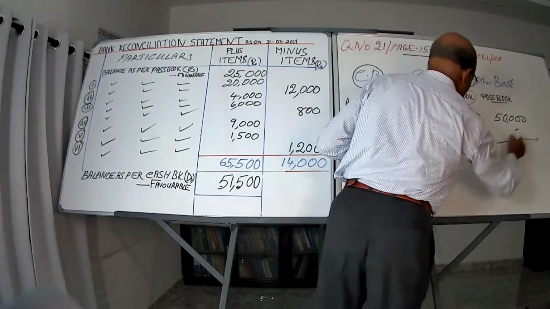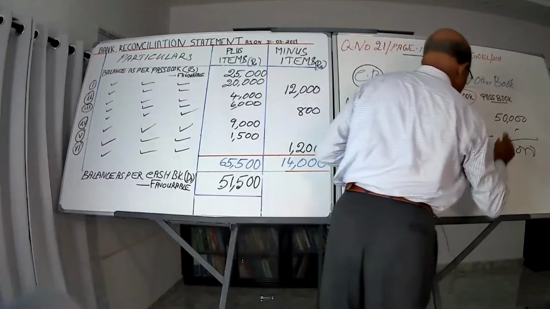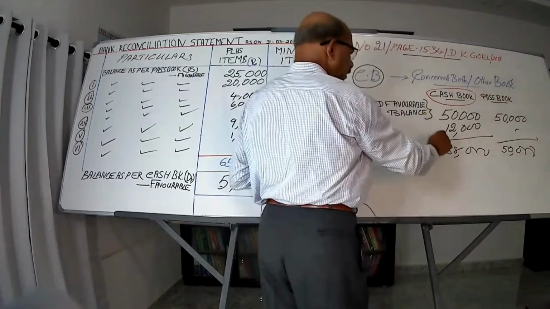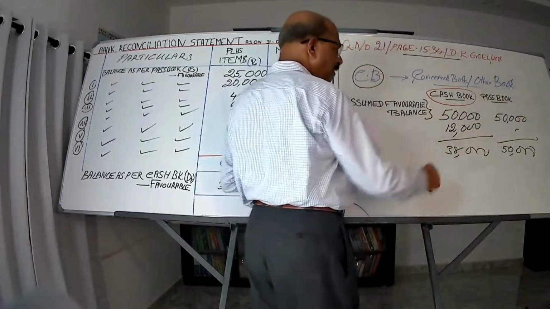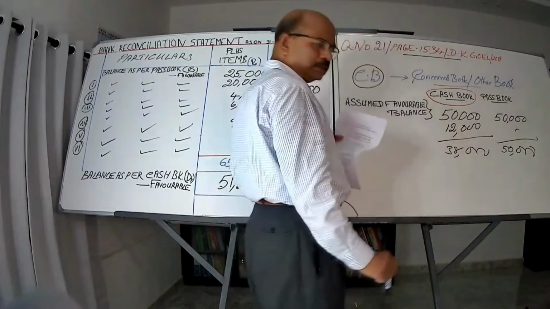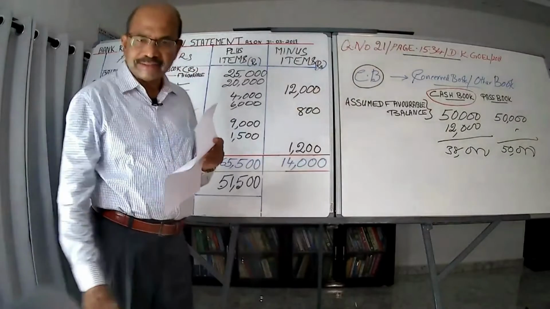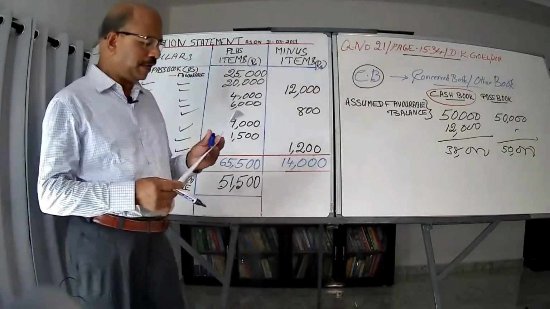Whereas bank has not seen the check since it has not been presented. So 50,000 only. Certainly in the cash book is a decreasing effect, or as compared to the passbook, my cash book balance is down to the extent of 12,000. Hence, I am showing it here in the minus side. Okay, fine. Next one.